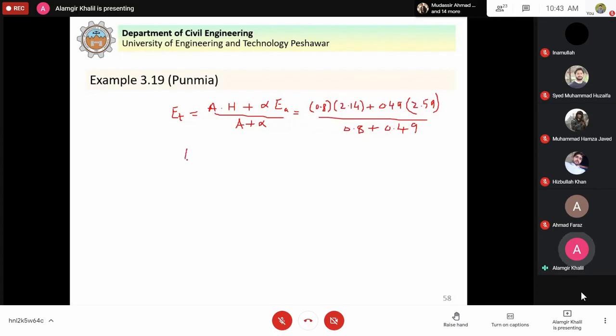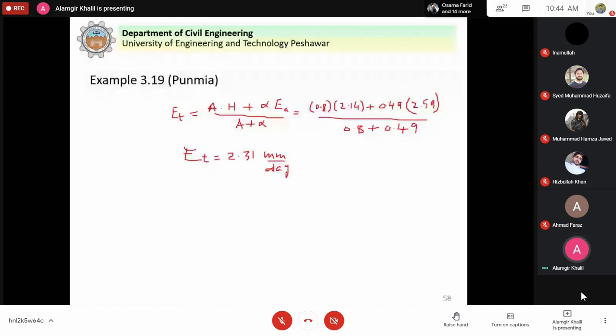So from here we can calculate this ET, evapotranspiration. This comes out to be 2.31 millimeter per day.